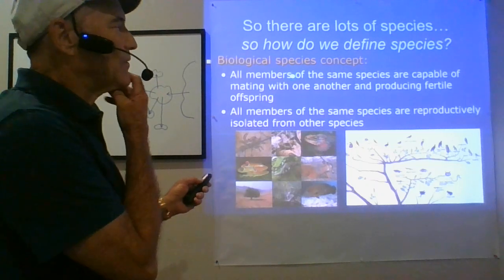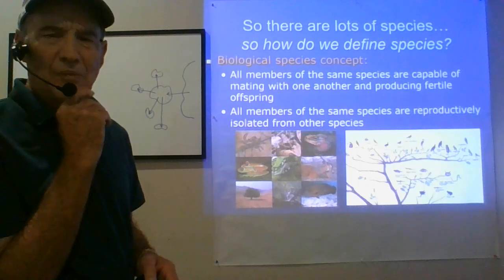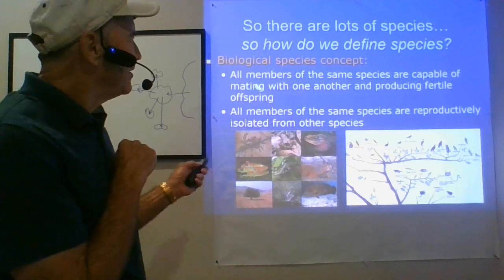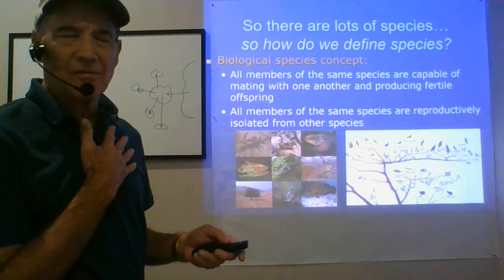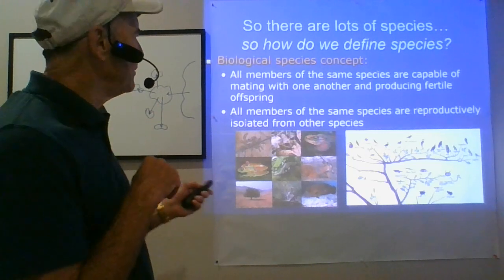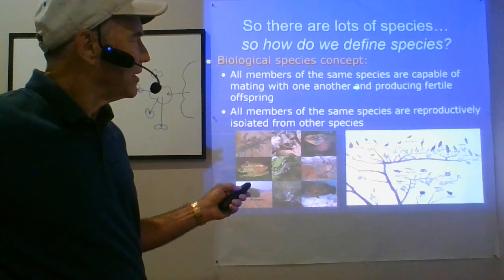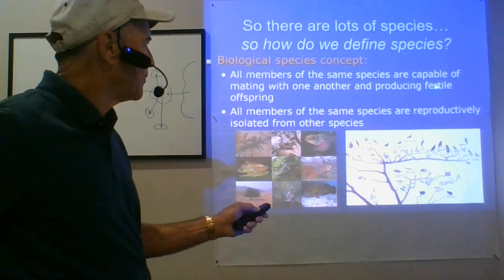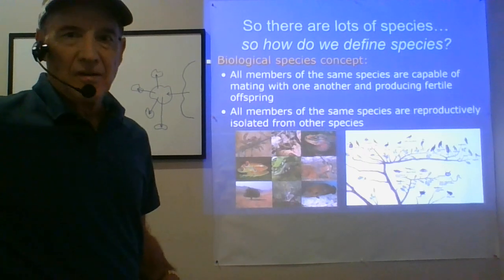So how do we define a species? I've been talking about species, but I haven't told you what it is. There are different ways to define species. We'll use this one. All members of the same species are capable of mating with one another and producing fertile offspring. Fertile.